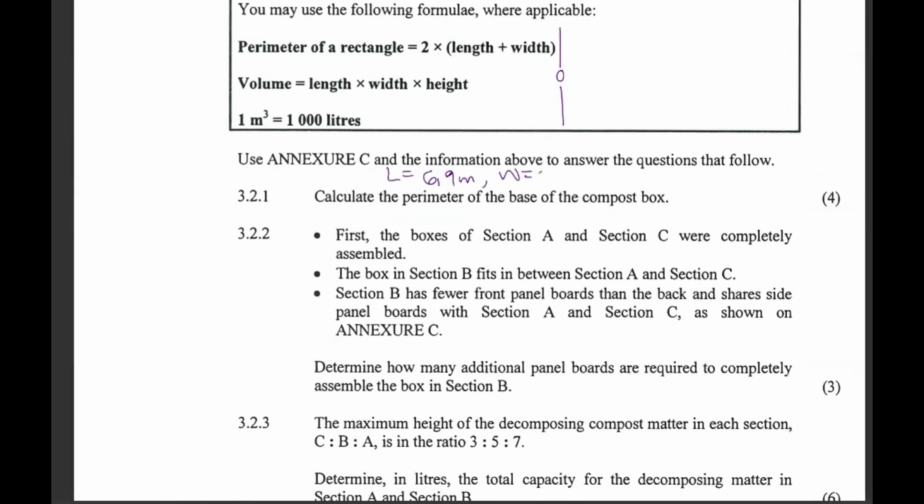The width remains the same as 3. So if you look for the perimeter, we say 2 into (L plus W), and the answer became 19.8 meters.